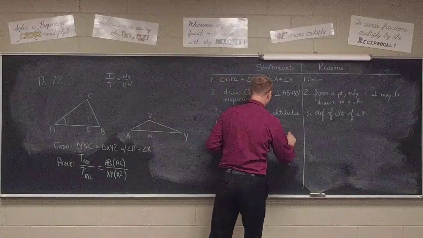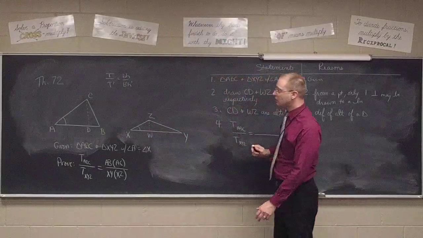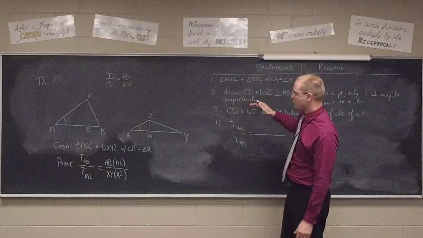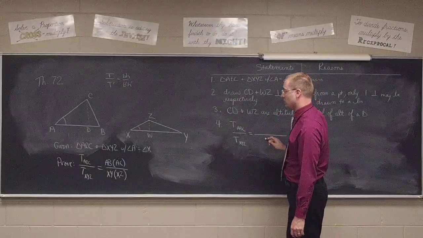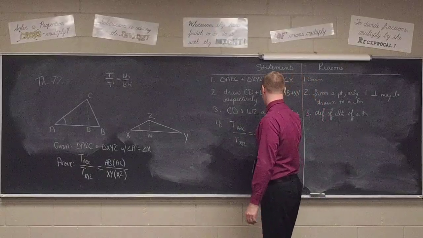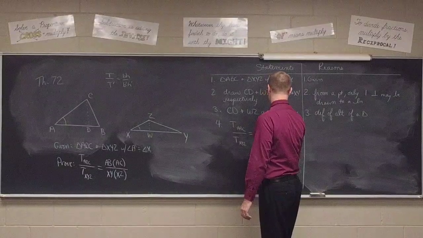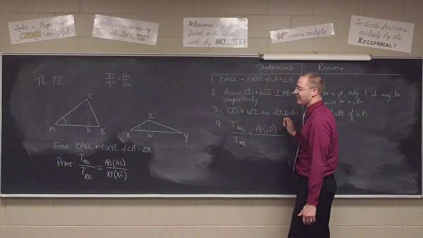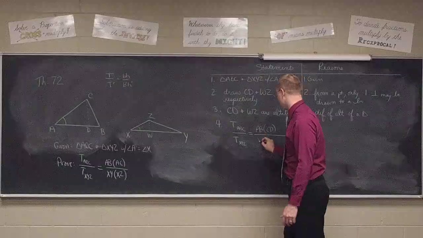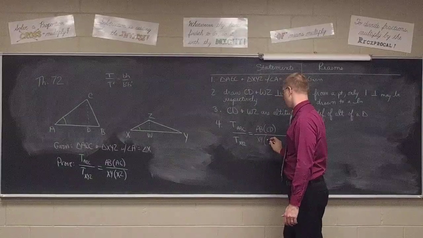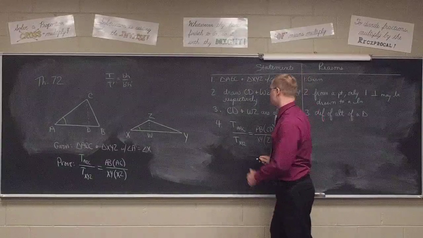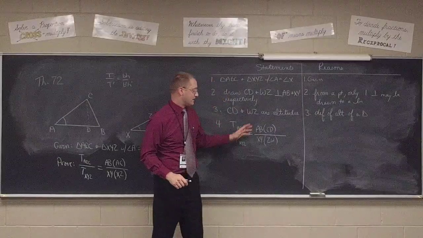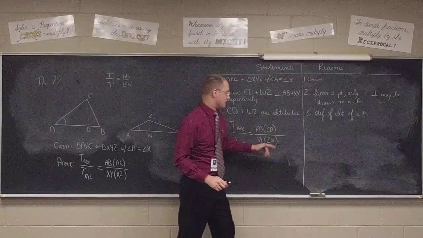Genesis, how would I put the lettering in here? Triangle ABC is to triangle XYZ as AB times CD is to XY times ZW.